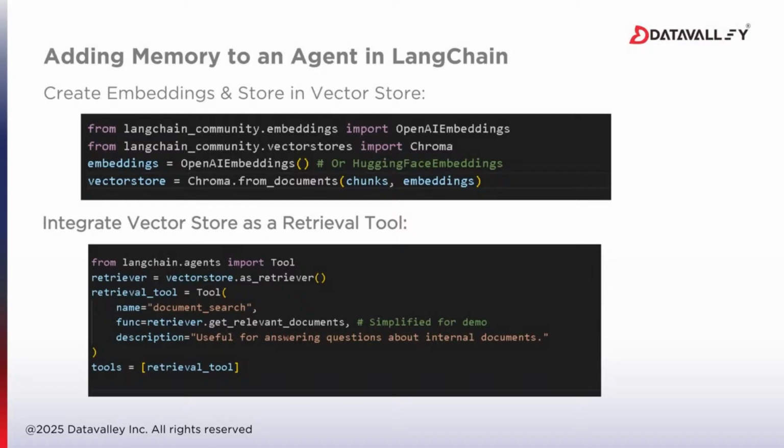Here, if we see, it takes our chunks. In Chroma.from_documents, in the parameters we are passing chunks and embeddings, the two parameters. So it takes our chunks of text with the corresponding embeddings. This will populate the Chroma vector store, meaning it will add the chunks to the vector store.